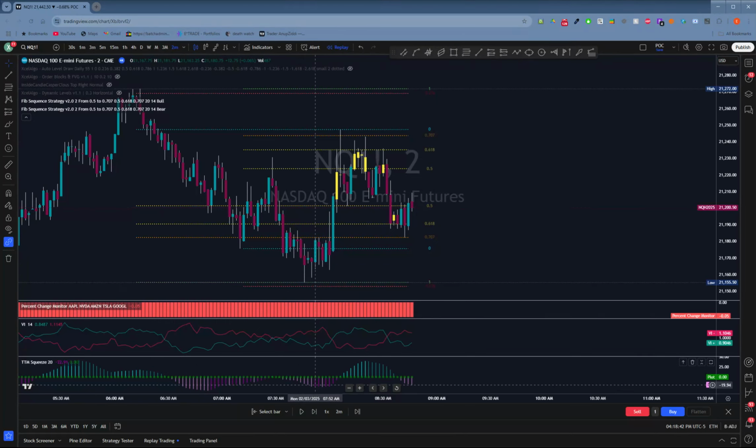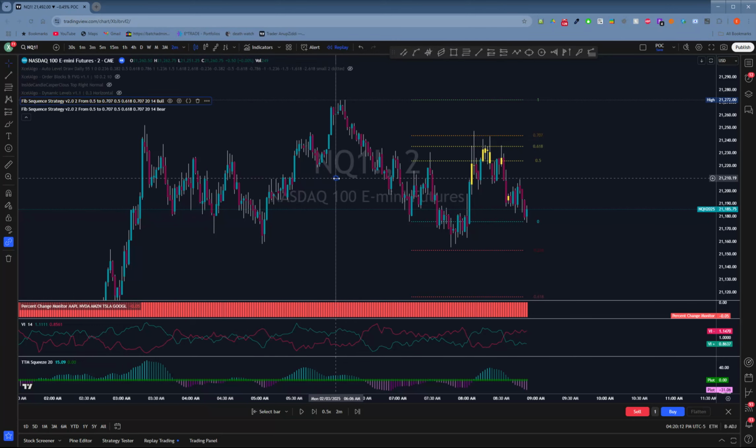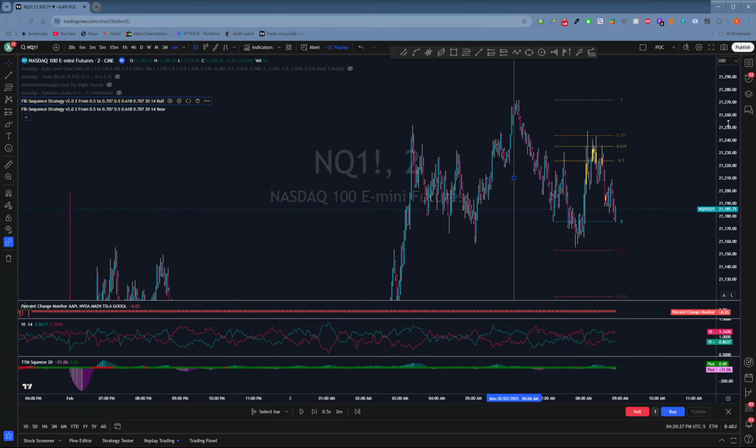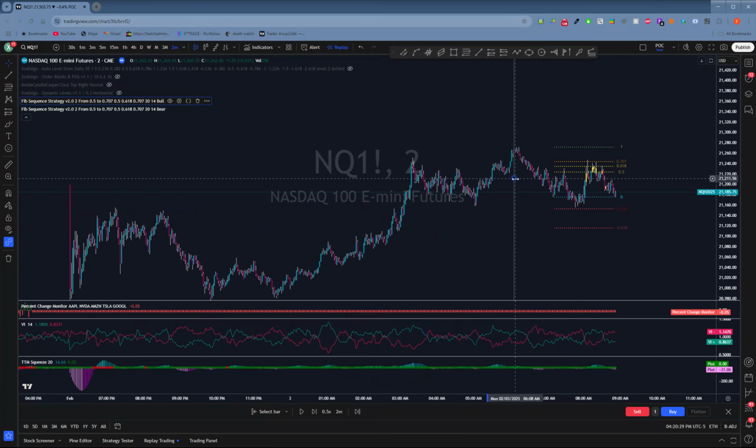One thing I forgot to mention here, you have to select these date ranges based on essentially how it draws the fib, from a low to a high or a high to a low. So if you don't see any fibs, for example, right now we lost all the bull fibs, you want to run this back.